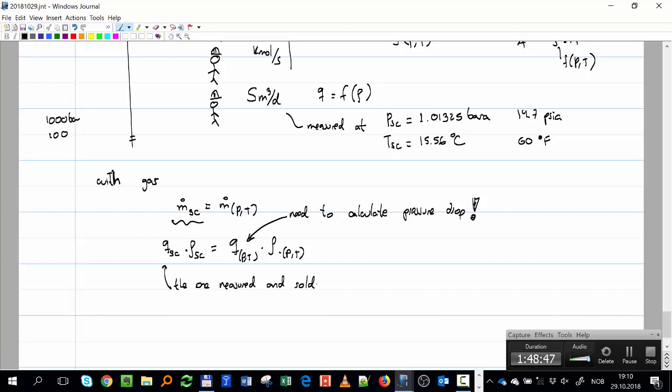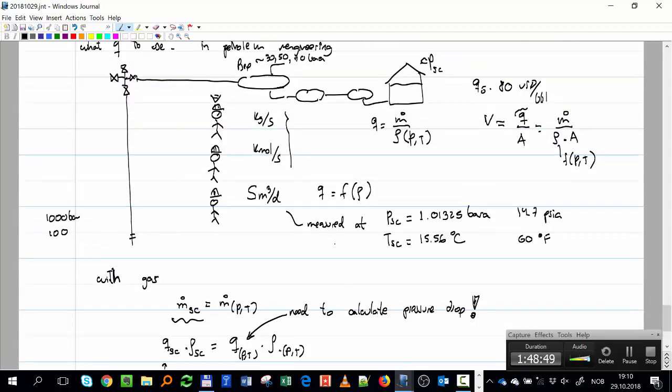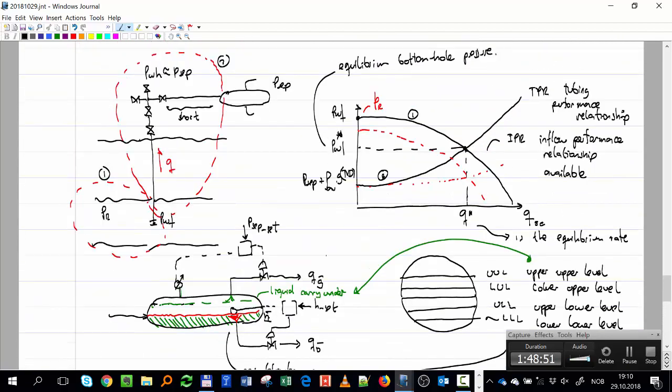Okay, and where I want to make all, because here when I make the intersection, for example, I have multiple Q's. I have multiple local Q's. So it doesn't make sense to make the intersection with any of these local Q's. I have to make it with one unique Q that doesn't change, which is the Q at standard condition. Or make it in mass flow and then keep me away from the company because they don't like mass flow.